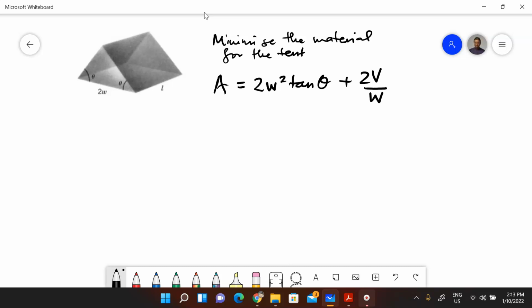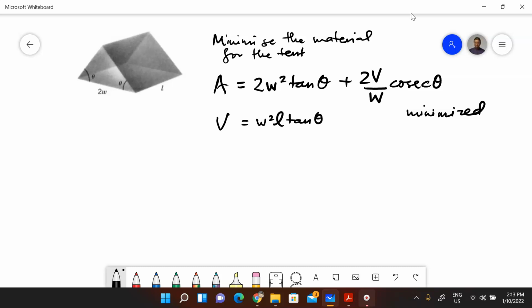W, that's cosecant theta. So these are going to be minimized. And the volume is given by W squared L tangent theta. We have done all of this before.